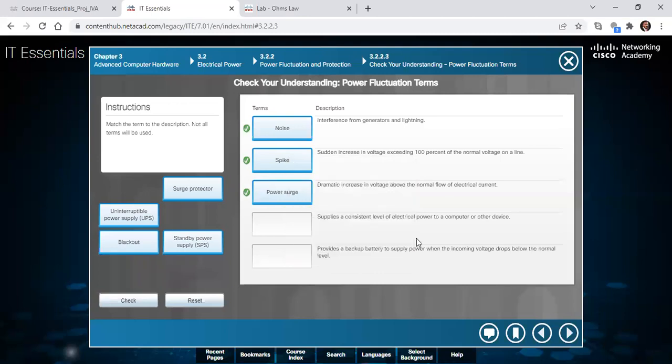Group A. Supplies a consistent level of electrical power to a computer or other device is called what?